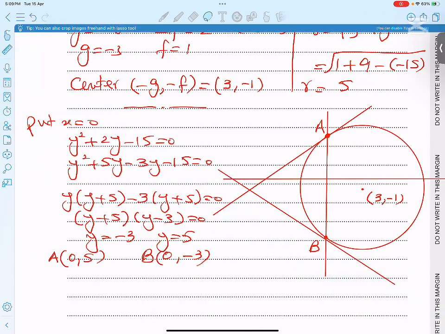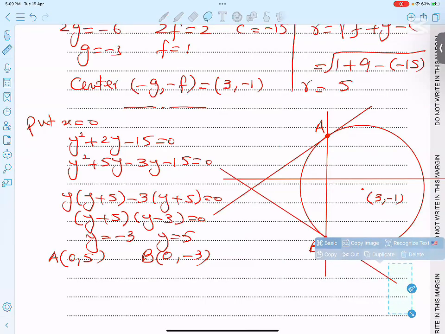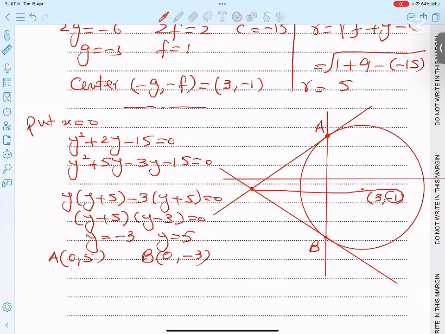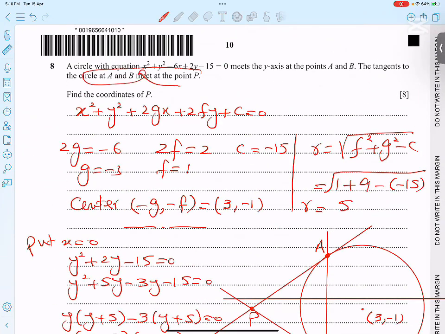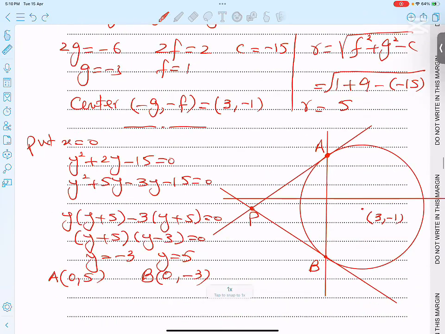Okay, and I drag this. And you just see that this point is coming approximately here. So most probably the x coordinate is coming, the y coordinate is coming -1, when I find the point of intersection of both. So he said the both tangents meet at P. So find the P coordinate.